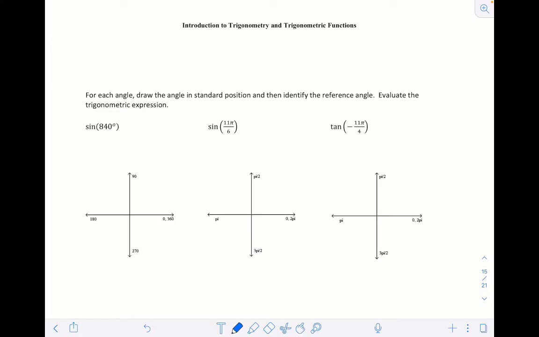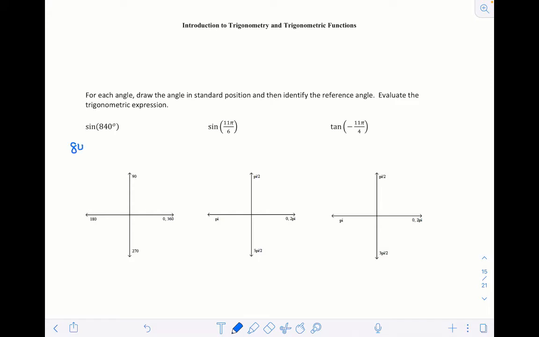Okay, so now let's try and draw the angle, identify the reference angle, and then evaluate it. So let's first look at sine of 840 degrees. Let's focus on the 840 degrees first. Since it's larger than 360, I would use coterminals to get it to be less than 360. That would be the first step.